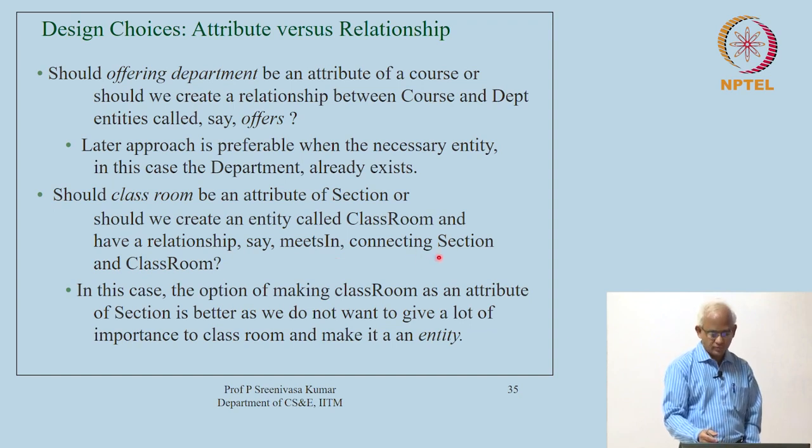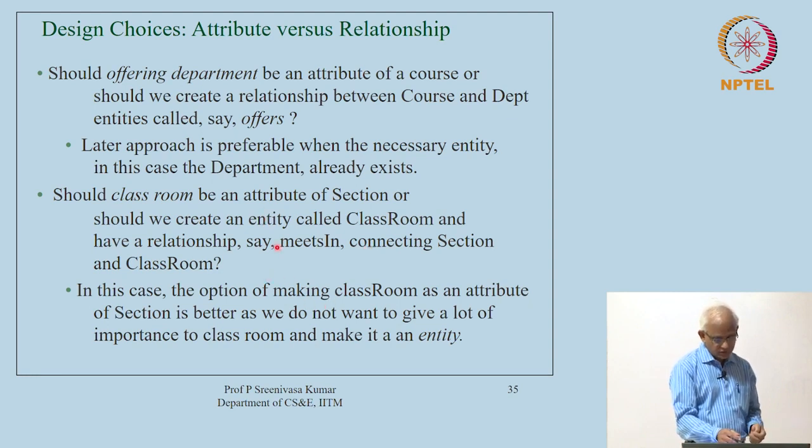We can create an entity called classroom, which is an entity set consisting of all classrooms, and then say that this particular section meets in a particular classroom. So we can create a meets in relationship and connect these two entities. That option exists.